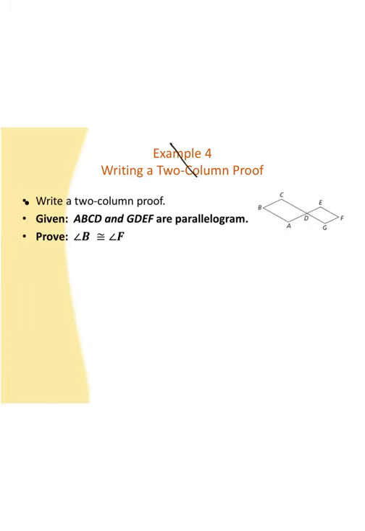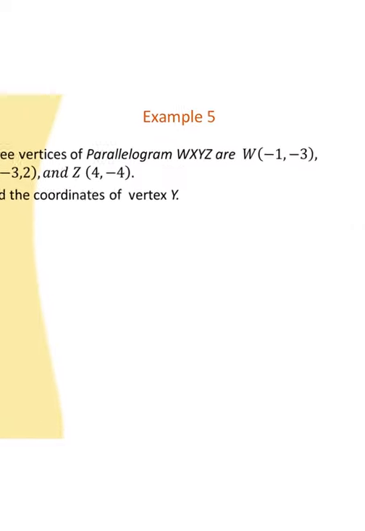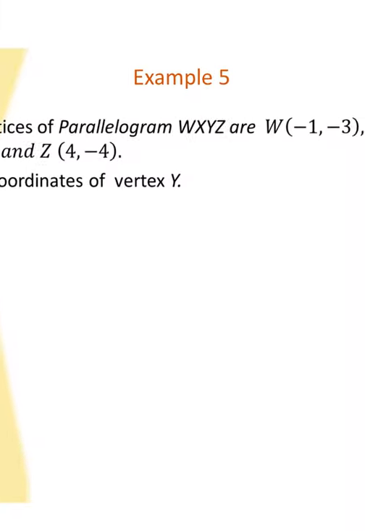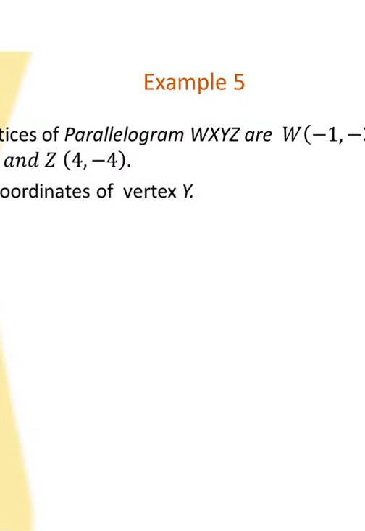Example 4, we're going to skip, but we are going to do example 5, okay? 3 vertices of parallelogram WXYZ are W is (-1, -3), X is (-3, 2), and Z is (4, -4).